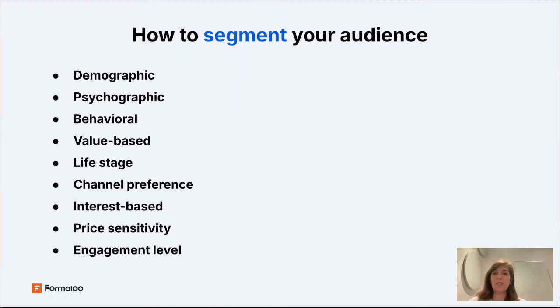Another segmentation is channel preference, so it's online, in store, or mobile, or interest-based, like if they are tech enthusiasts, fitness buffs, culture vultures, or interested in art, travel, fashion, and so on, and price sensitivity, like if they're a luxury seeker or value hunters, and also engagement level, if they are highly engaged, occasional customers, or dormant customers.